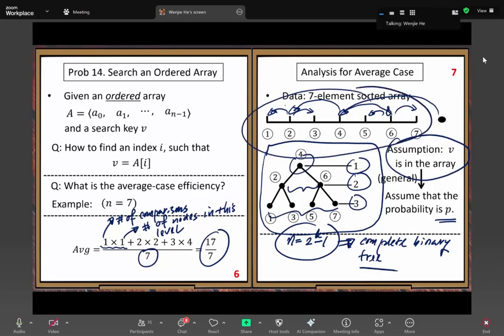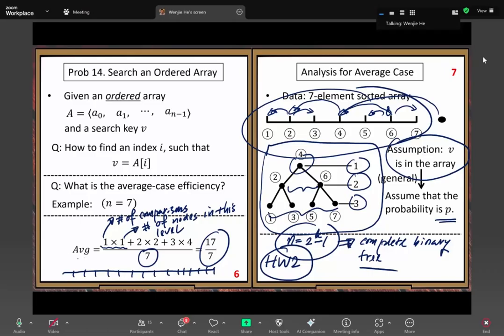tree. But in our homework assignment number 2, I ask you for the average case for some of the nodes, not all the nodes. Suppose this is all the nodes you have.